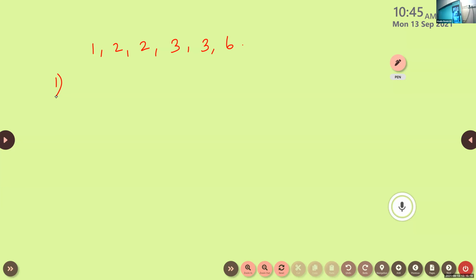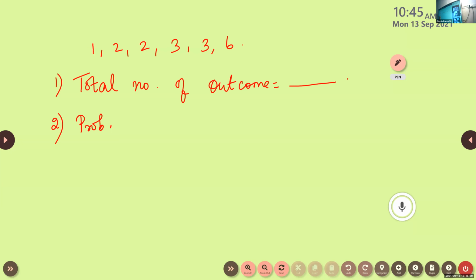First one is the total number of outcomes. Second one, probability of getting an even score.